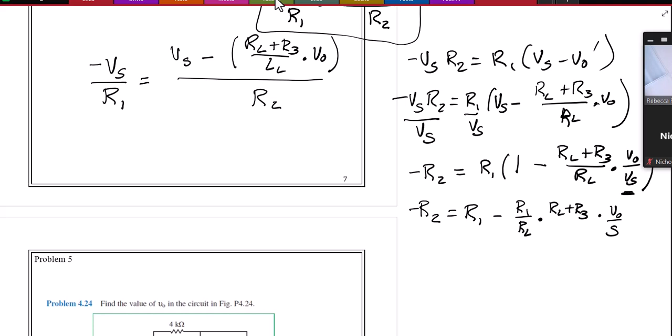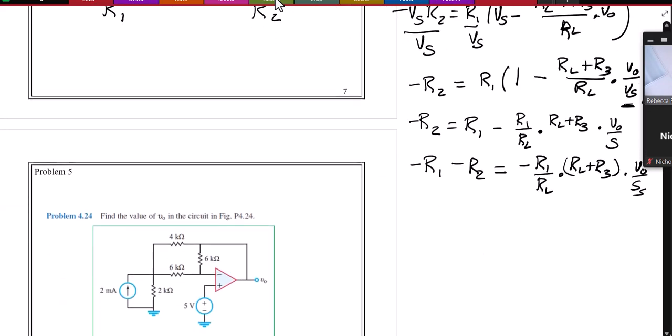I can subtract R1 from both sides. Minus R1 minus R2 equals minus R1 over RL times RL plus R3 times V out over Vs. And then multiply through by minus 1 and divide by this business over here.